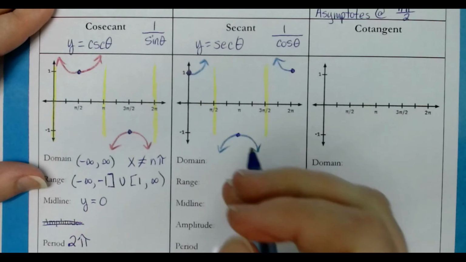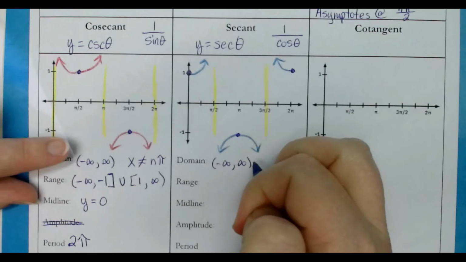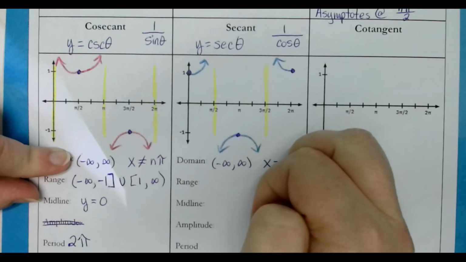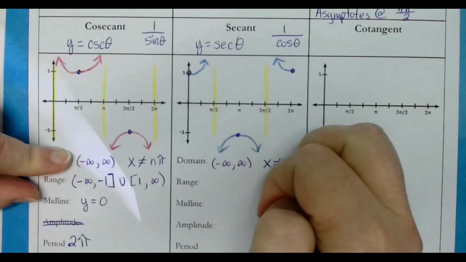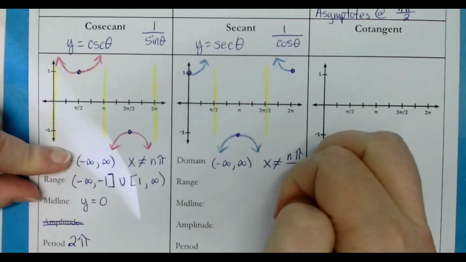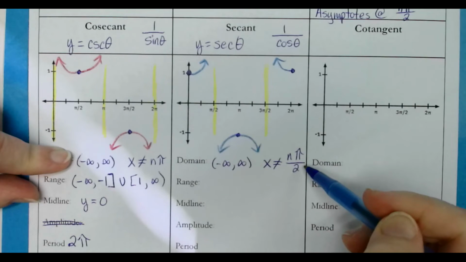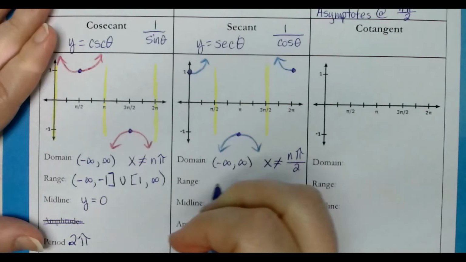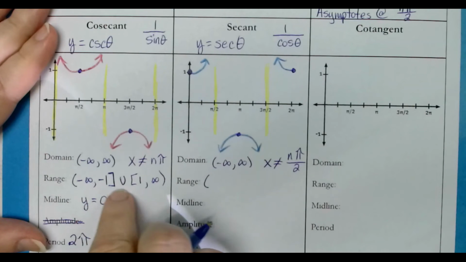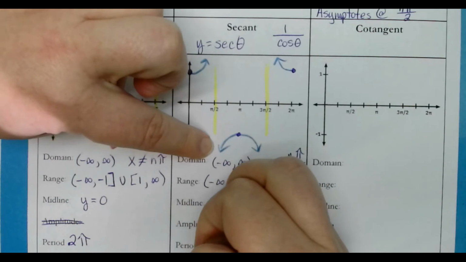The domain is going to look almost like our beautiful cosecant, only this time x is not equal to n times pi over 2. So any value where I have pi over 2, so 1 pi over 2, 3 pi over 2, 5 pi over 2, all of those. My range is identical. I'm going from negative infinity to negative 1.